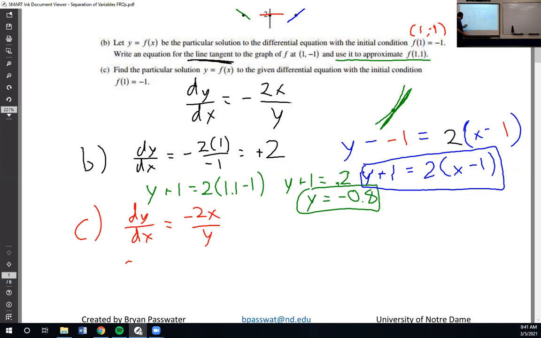So we're going to multiply by y, then we're going to have a y dy, and then move the dx over to the other side, so we're going to have negative 2x dx. Now that we have the variables separated out, we're going to take the antiderivative on both sides. Antiderivative here is going to be 1/2 y squared. Antiderivative here is going to be negative x squared plus c.